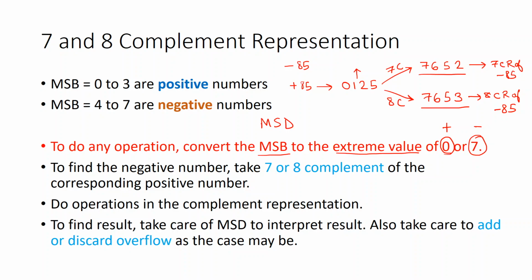If it is a positive quantity, you only look at the remaining digits and evaluate the quantity. If it is a negative quantity, you have to take a complement and come to the positive number, and then evaluate the magnitude.